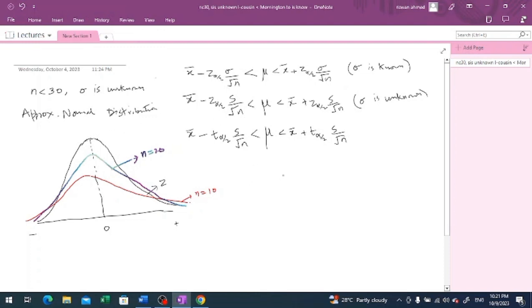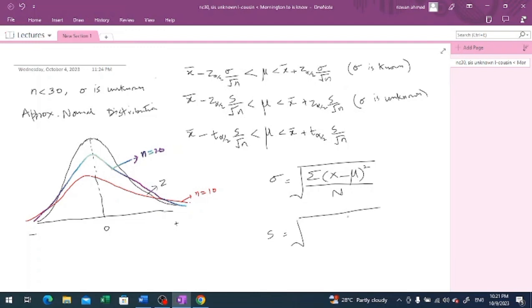The difference between the sample standard deviation formula and the population standard deviation formula is this. The population standard deviation has this formula, which we have used already when we dealt with the sampling distribution. Similarly, the sample standard deviation has the formula with not mu but x bar, and then divided by n minus 1.